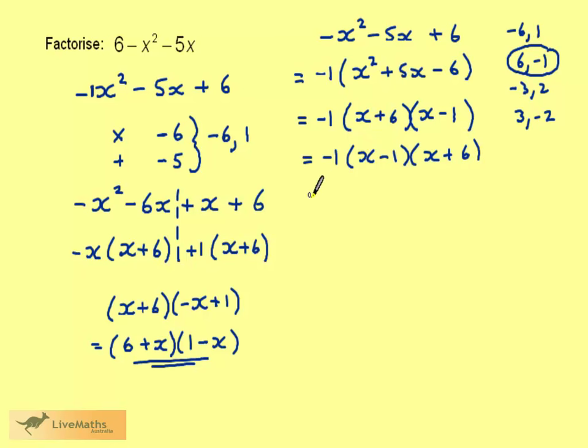Multiplying the minus 1 back into this bracket, we get minus x plus 1. Then, as we did before, we can just write the contents of the brackets in a different order, giving us 1 minus x and 6 plus x.